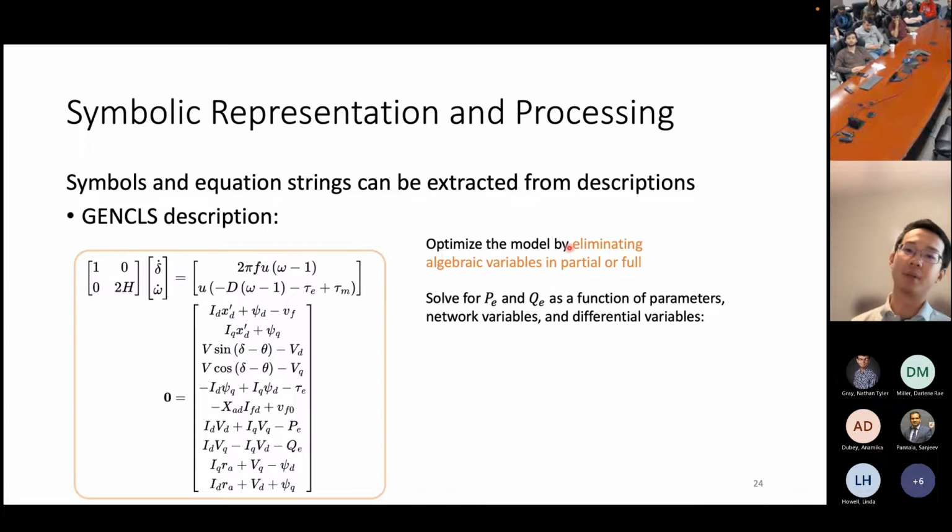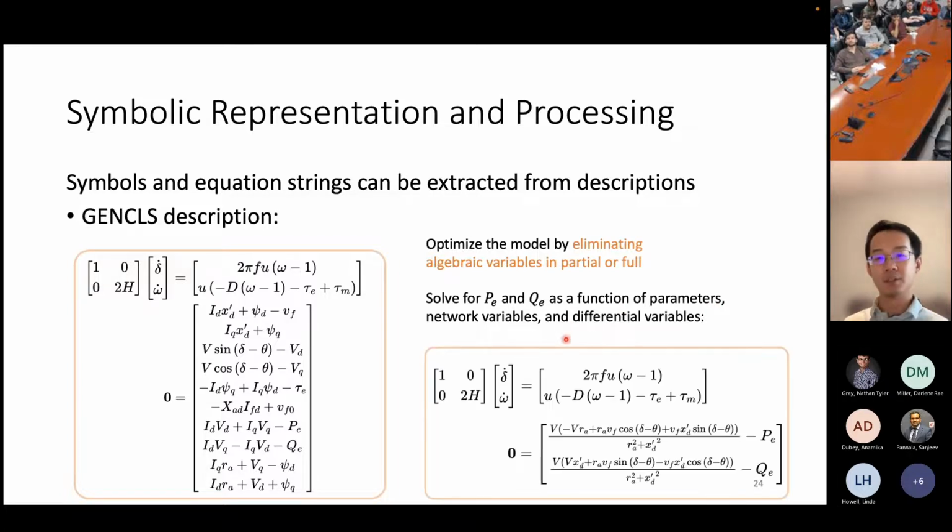But in fact, they can be optimized by eliminating algebraic variables in part or in full. So the idea is to solve for PE and QE, since we have assumed the power injection model, as a function of parameters, network variables, and differential variables. So this is the result of simplifying this model by applying this computer algebra.